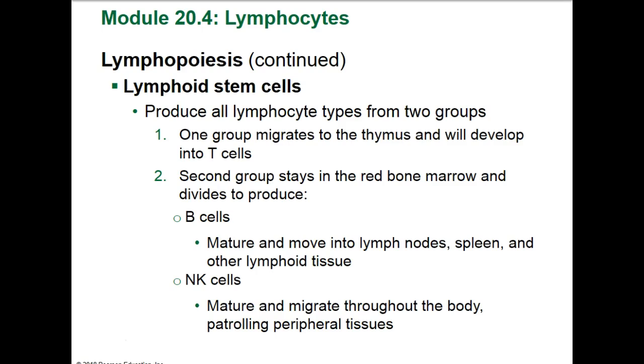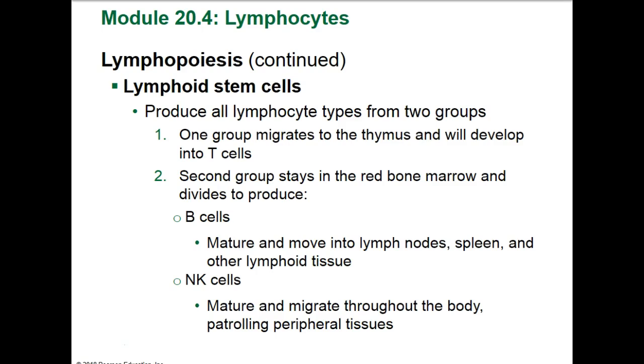And they produce all the lymphocyte types from 2 groups. One group is going to migrate to your thymus, and they'll develop into T cells. By the way, that's one of the reasons we call them T cells, because of the thymus. The second group stays in the red bone marrow and divides to produce B cells. And then they mature and move into the lymph nodes, the spleen, and the other lymphoid tissues.